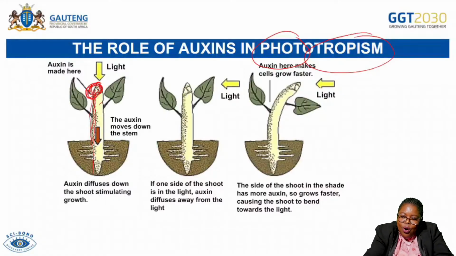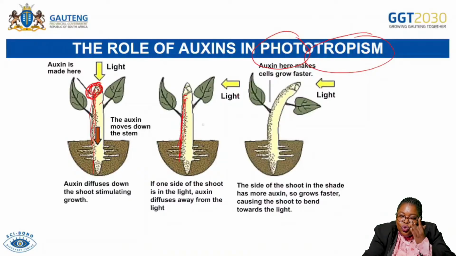Now, what will happen if light faces one direction of the plant? This is the stem, and if light is from one direction, because auxin is sensitive to light, auxin is going to move to one side. And if it moves to one side, the side that has got auxin is going to grow longer.